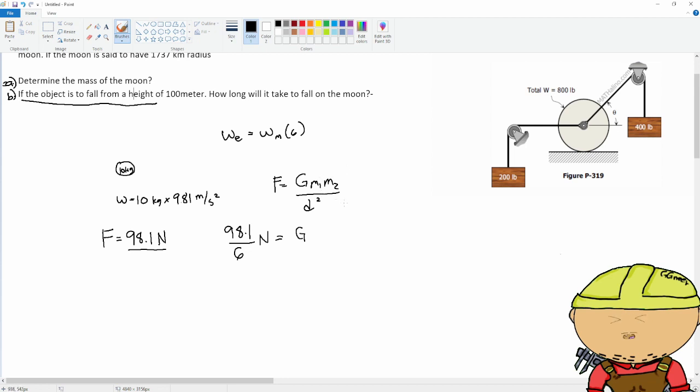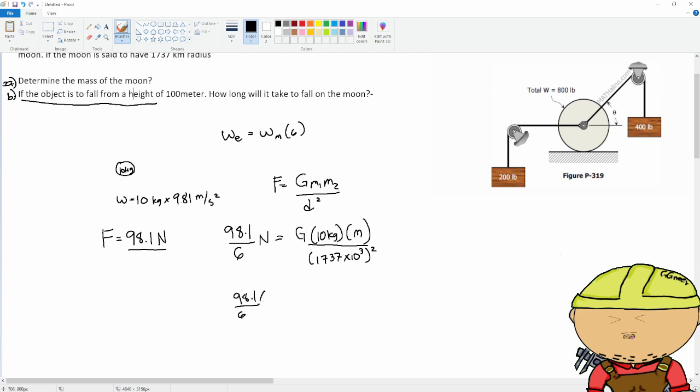The way I memorize it is F equals gamma m1 m2 over d squared. So it's the gravitational constant times 10 kilograms and the mass of the moon, divided by 1,737 times 10 cubed, squared.